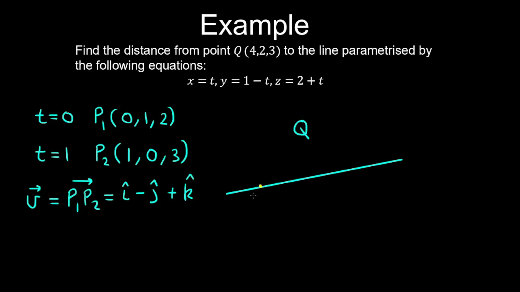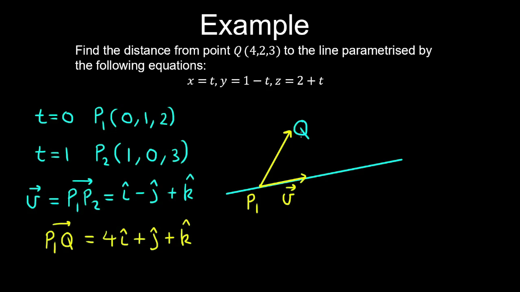So from point P1, we have a vector, and taking another vector from P1 to Q, we have 4 minus 0, which is 4 in the x direction, and 2 minus 1 is 1 in the y direction, and 3 minus 2 is 1 in the z direction.